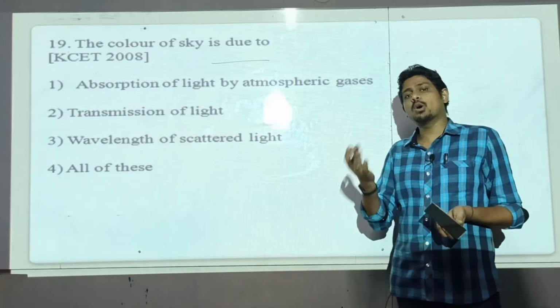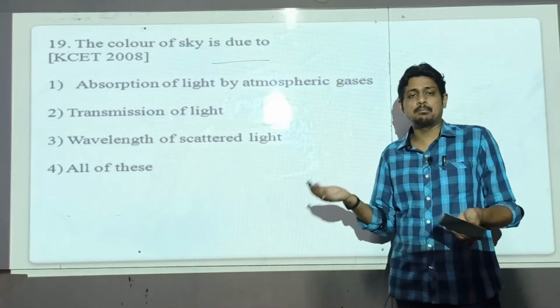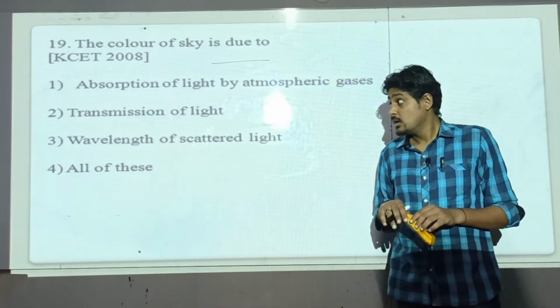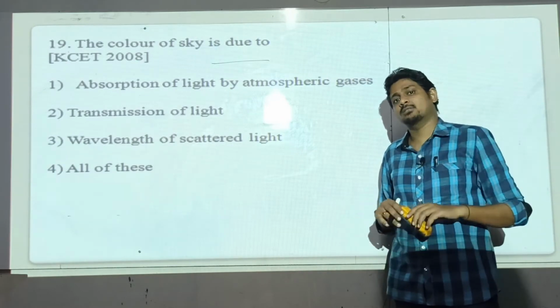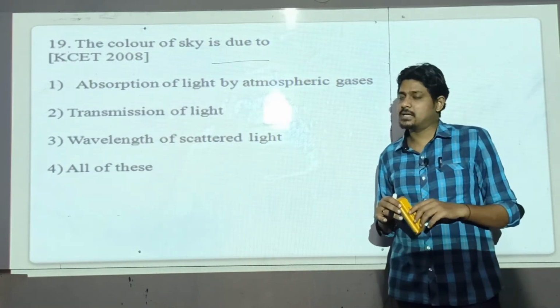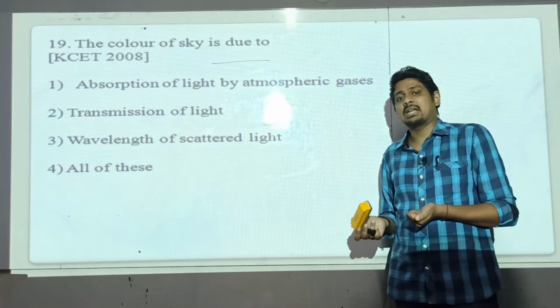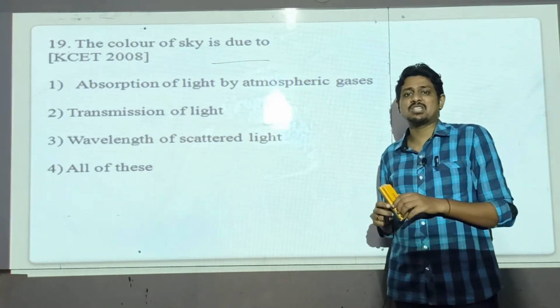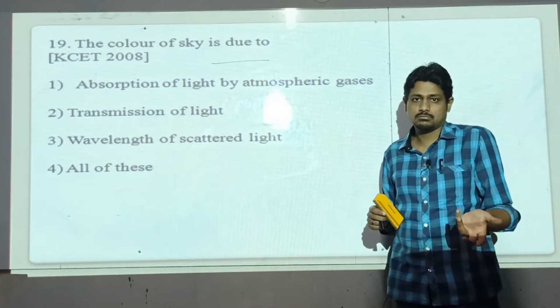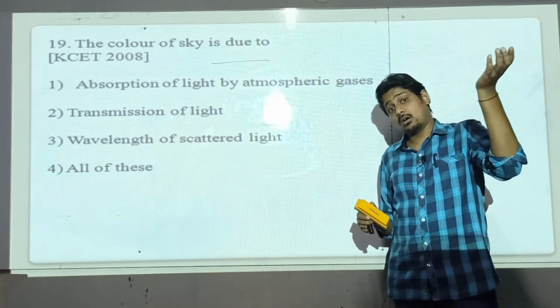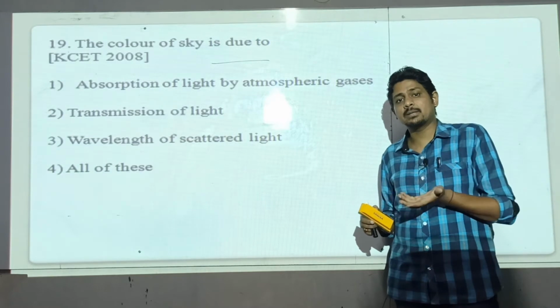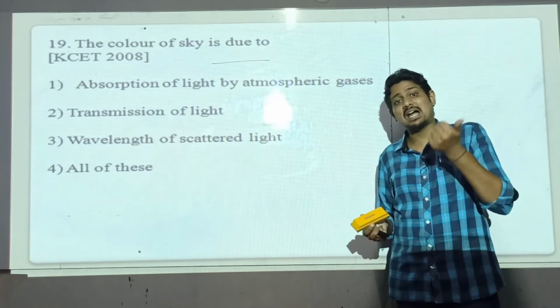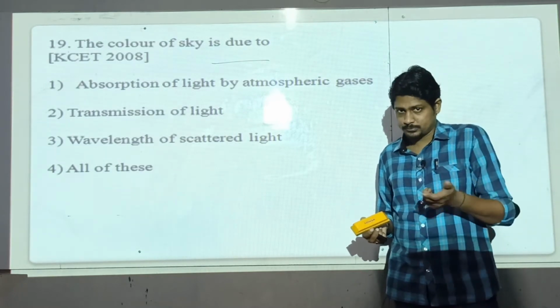Those dust particles' size resembles that of colloidal particles, and when the sunlight falls on those dust particles, what will happen? Colloidal particles will scatter the ray of light. Same thing, those atmospheric dust particles will scatter the light, and the wavelength of the scattered light that we see is blue in color. That's why the sky appears blue.